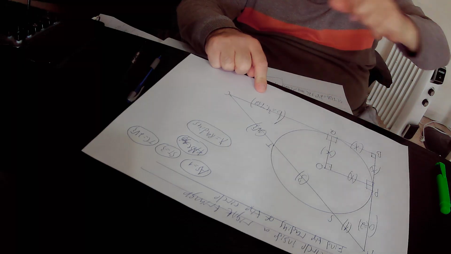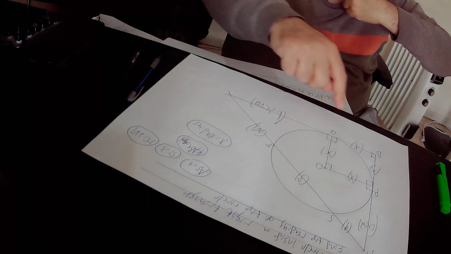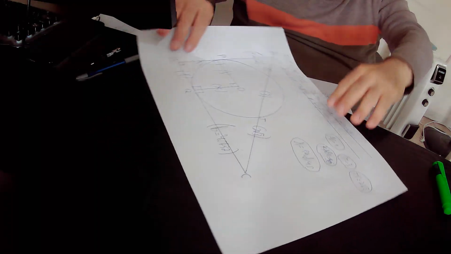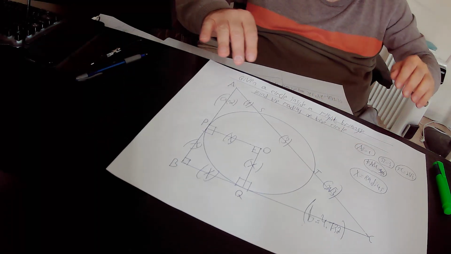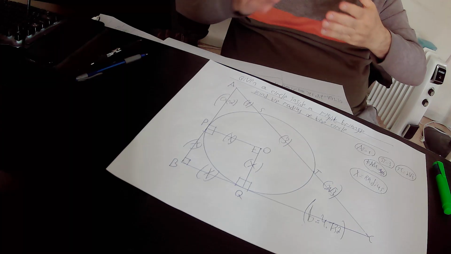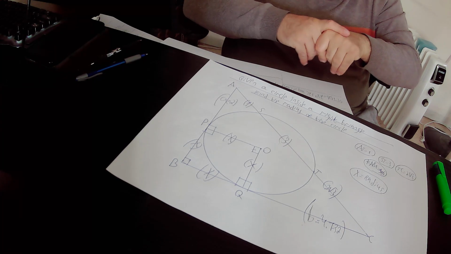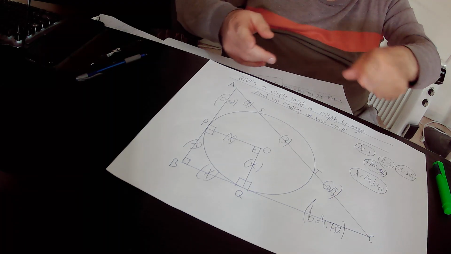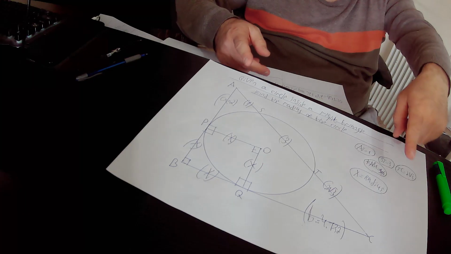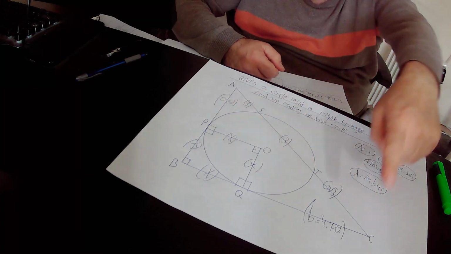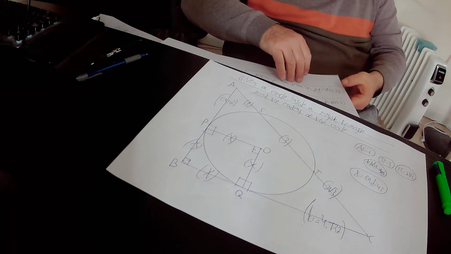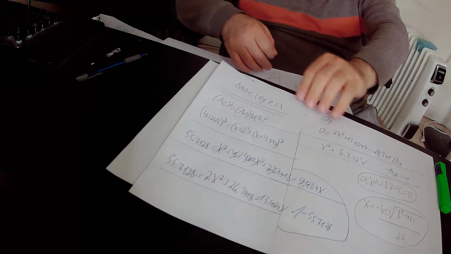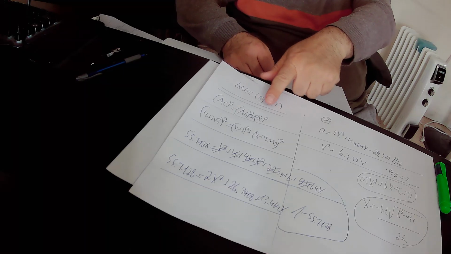Here we implement the Pythagoras theorem on the big right triangle ABC. According to the Pythagoras theorem, the square of the hypotenuse equals the sum of the squares of the perpendiculars. The hypotenuse of the right triangle ABC is AC, therefore the square of the hypotenuse is AC square, so AC square must be equal to AB square plus BC square.